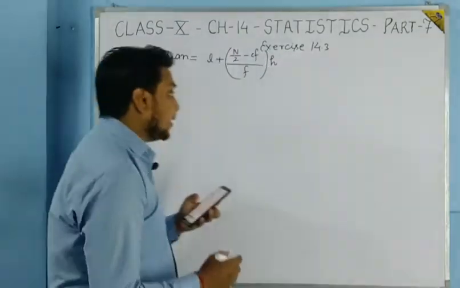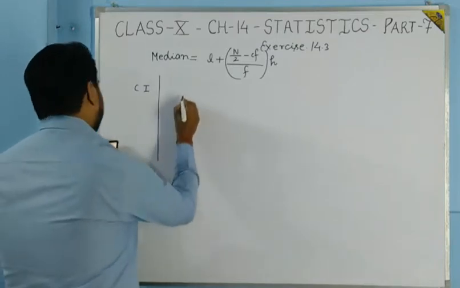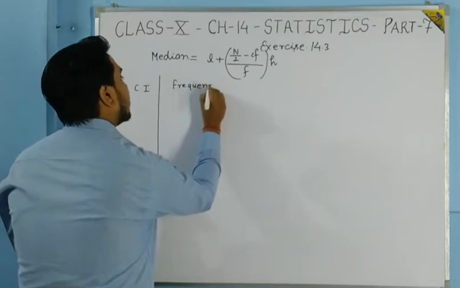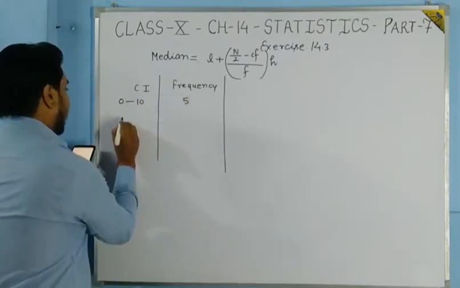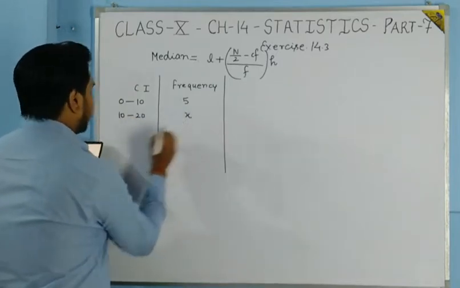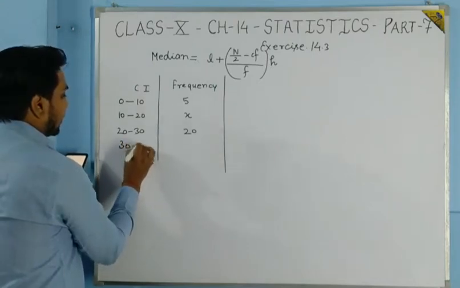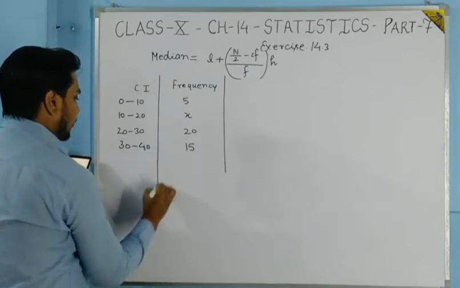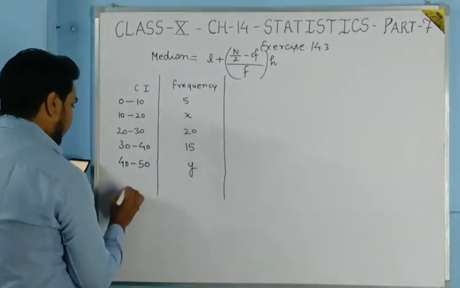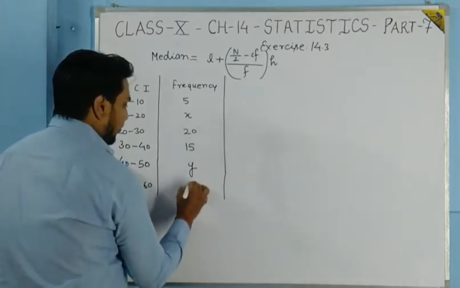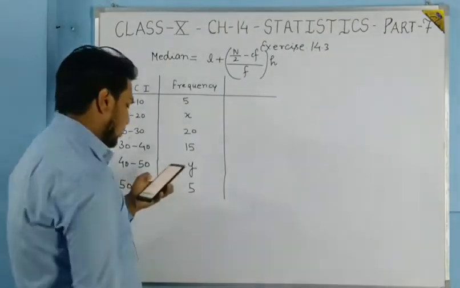So how will we do it, students? Let us see. The question is given like this. Here the class interval is given, then the frequency. The class interval 0 to 10 has frequency 5. 10 to 20 has frequency x. 20 to 30 has frequency 20. 30 to 40 has frequency 15. 40 to 50 has frequency y, and 50 to 60 has frequency 5.